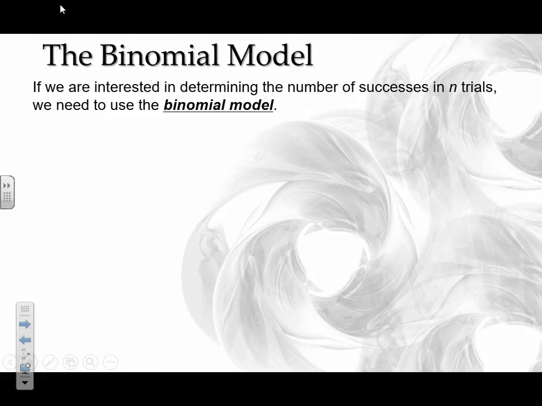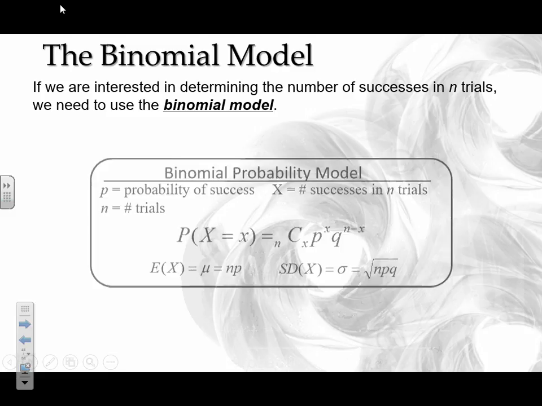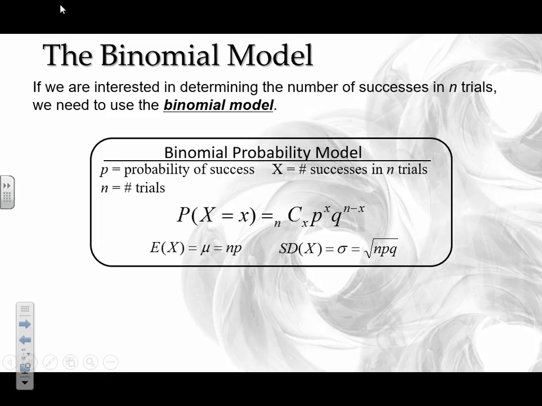So, if we're looking for the number of successes in a fixed number of trials, we can use the following model to calculate how many successes we expect to see and with what standard deviation. We can also use the model to predict probabilities. What's the probability that in this number of trials I see this many successes?